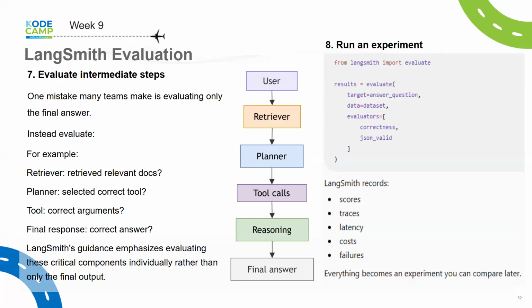Then, for tools or tool calls, you may also want to check that the correct arguments were generated and sent by the LLM. Because sometimes you may find that some of these LLMs are not able to generate properly.